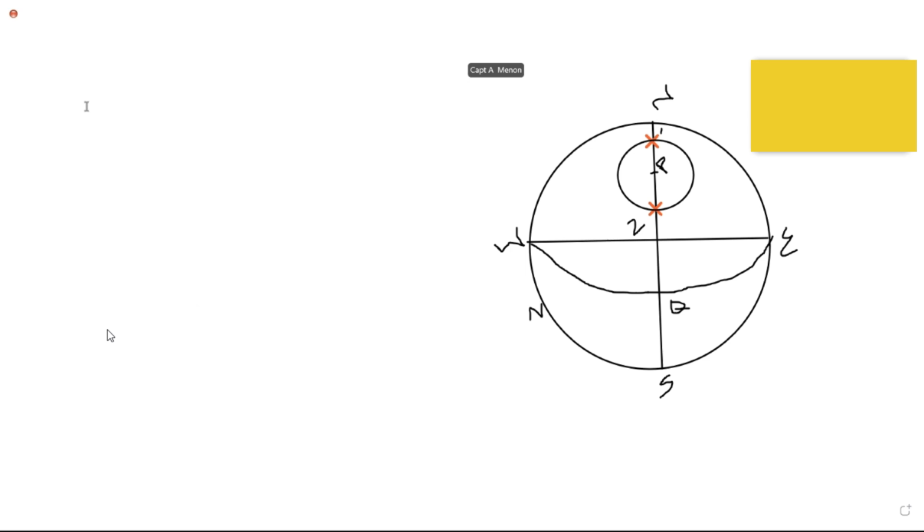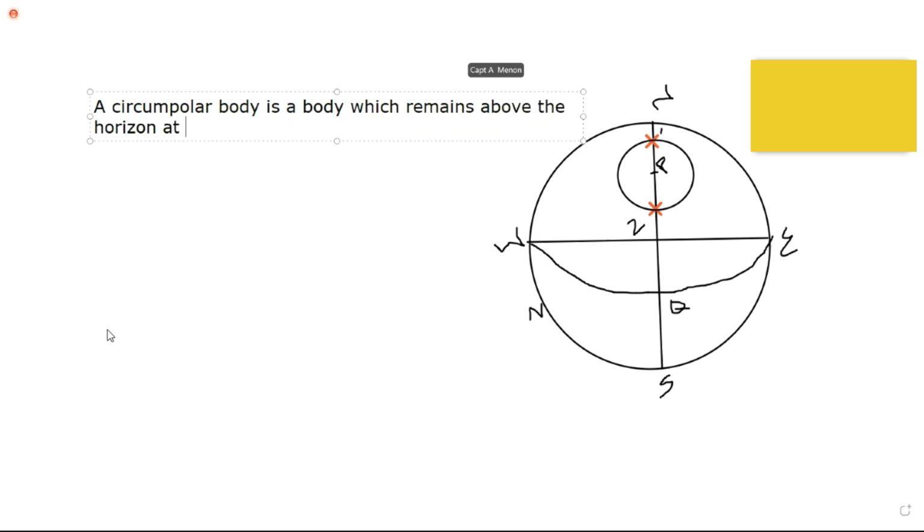You can write down: a circumpolar body is a body which remains above at all times. It does not set.